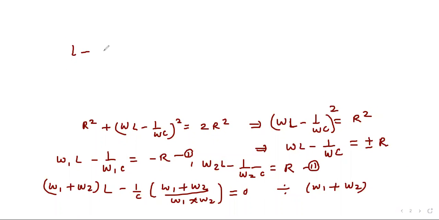We will be left with L minus 1 upon C times omega 1 omega 2 equal to 0, or omega 1 omega 2 equal to 1 upon LC.